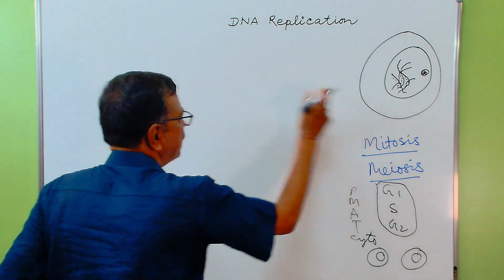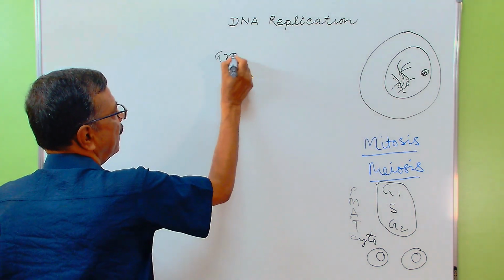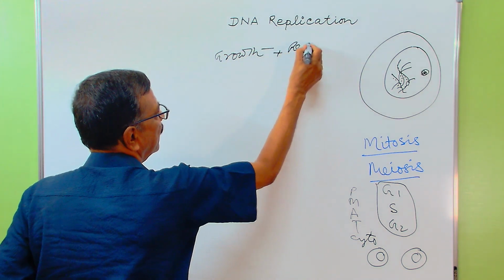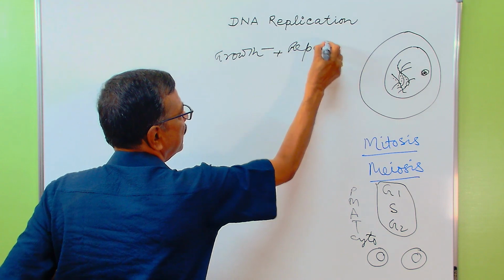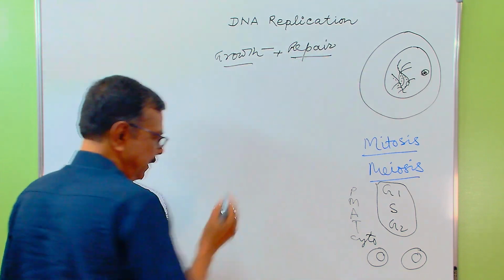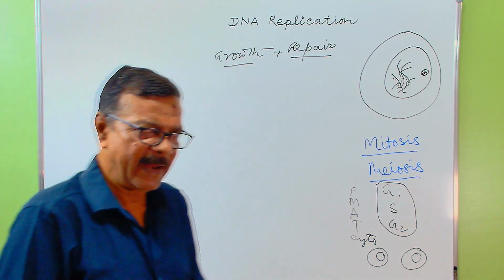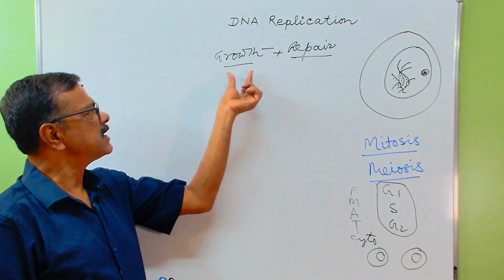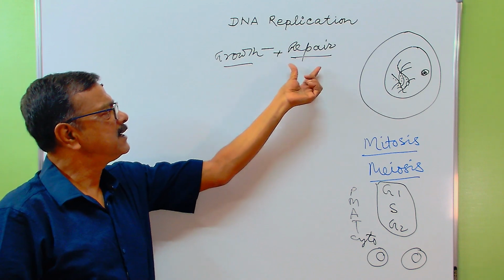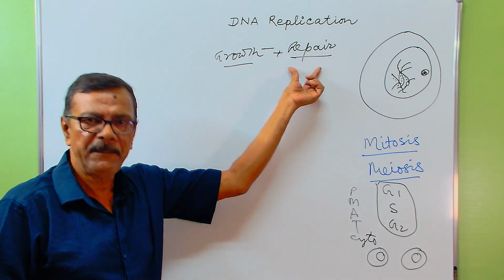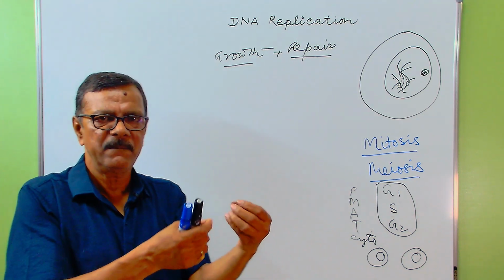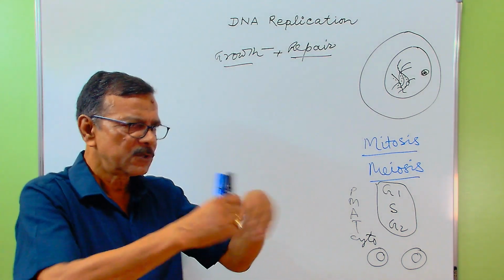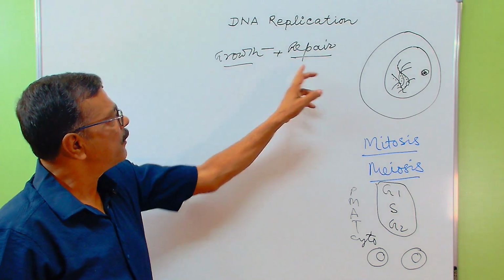It is required for growth and repair. Whether it is a plant cell or an animal cell, it requires growth and it requires repair. Sometimes cells get lost through an accident or something like that, so the cell reproduces.